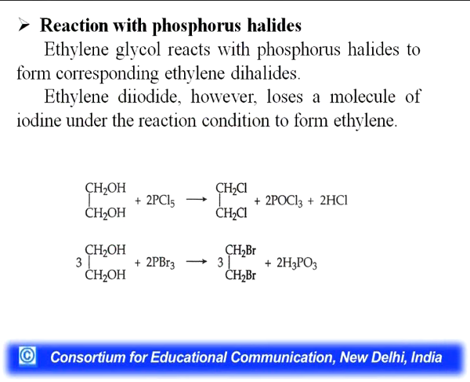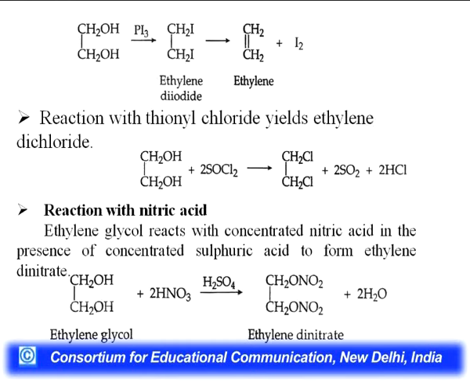So, you can see along with PCl5 or phosphorus pentachloride, it will give you dihalides with POCl3, and with phosphorus tribromide, it will give you dibromide along with H3PO3, phosphorous acid. With PI3, the products are different. First of all, we get the ethylene diiodide and then it gives you ethylene by elimination of an iodine molecule.